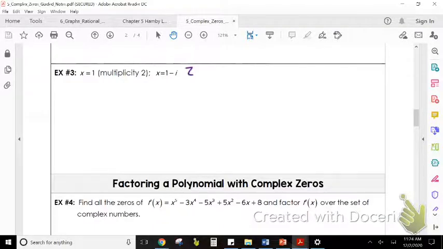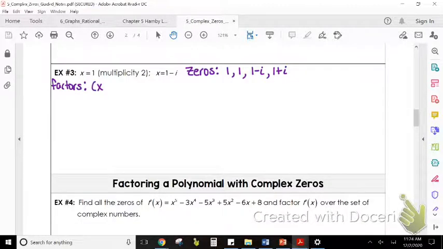All right, so let's talk about our zeros. We said we had x equals 1 with multiplicity of 2. That means it's there twice. And then we had 1 minus i as a 0, and that's a complex number, so we know that 1 plus i is also going to be a 0, because remember they come in conjugate pairs. So if I'm going to write out my factors here, I have 4 zeros, so I should have 4 factors.